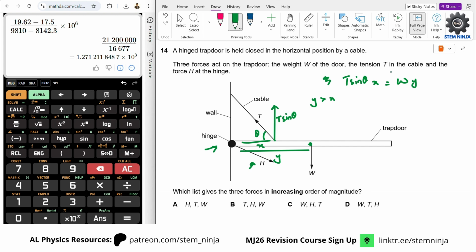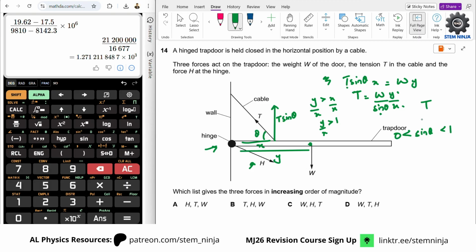So basically for T, if you just think about this, T equals W Y over X divided by sine theta. Y over X is greater than 1, and sine theta is always between 0 and 1.